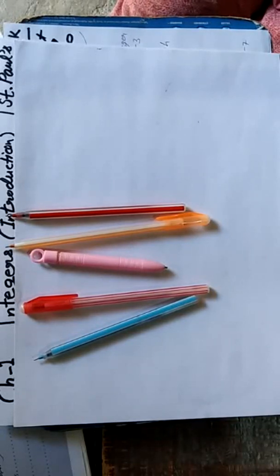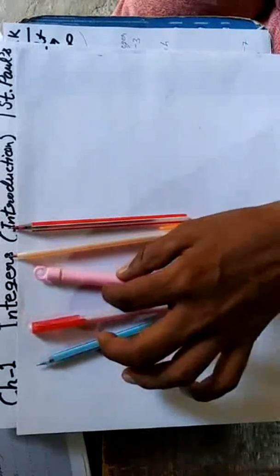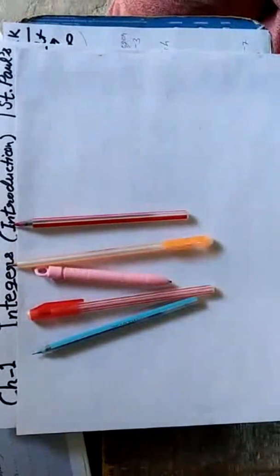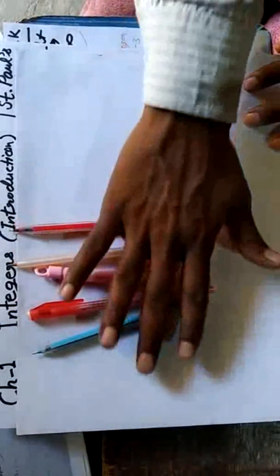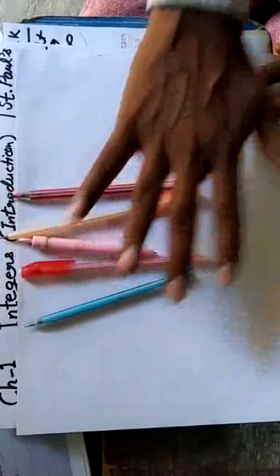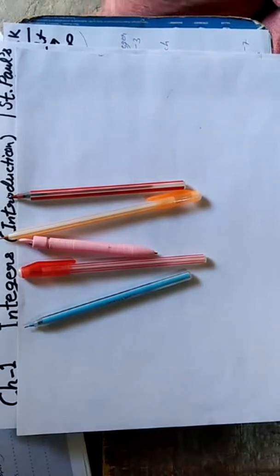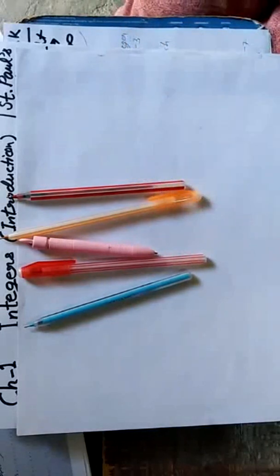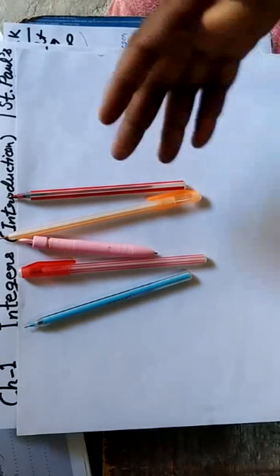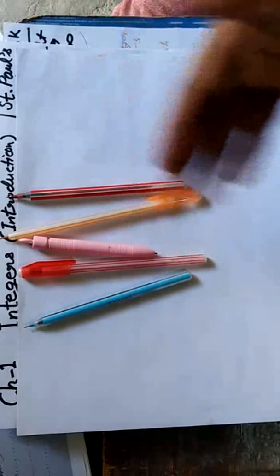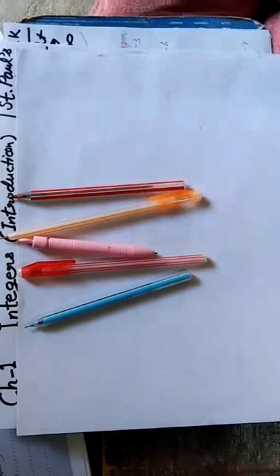We start learning integers with the help of these colors. How many colors can you see? There are different colorful pens. Of course, you see here 5 kinds of colorful pens.